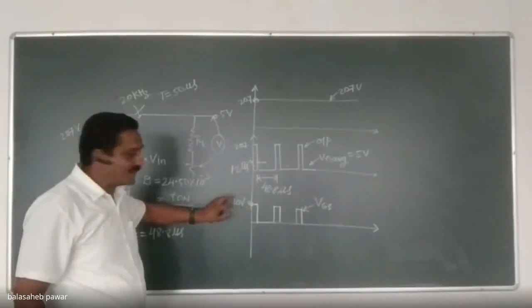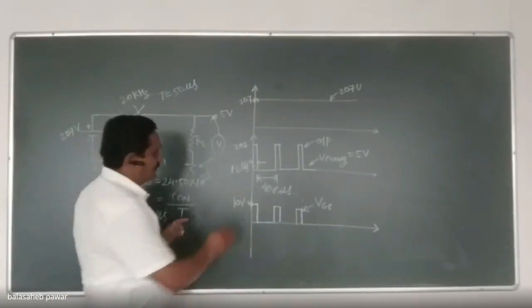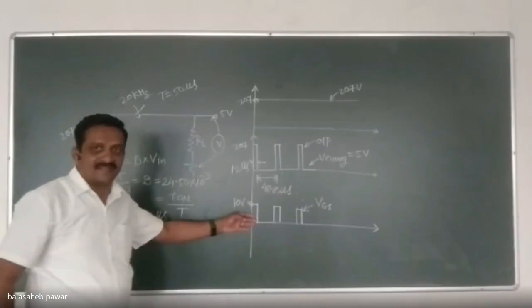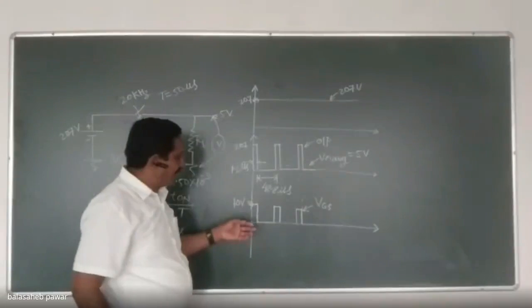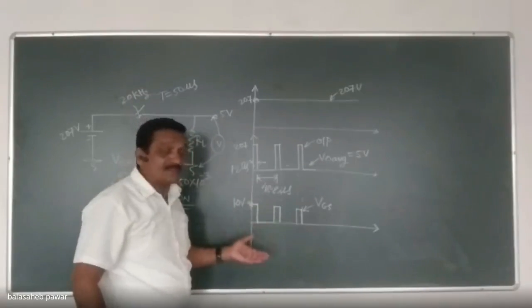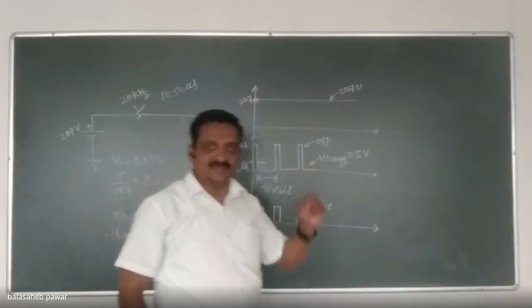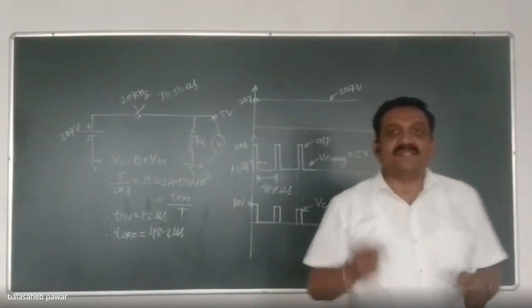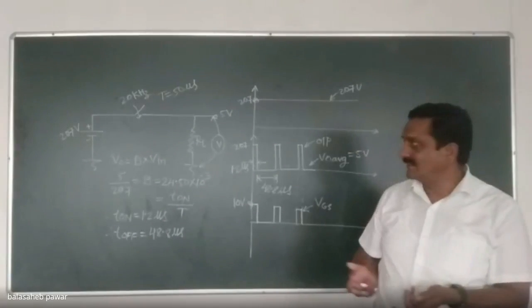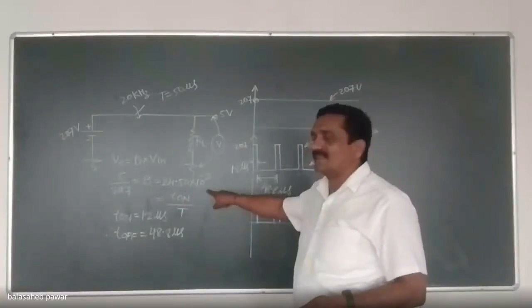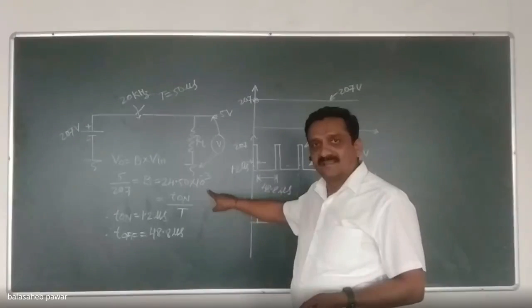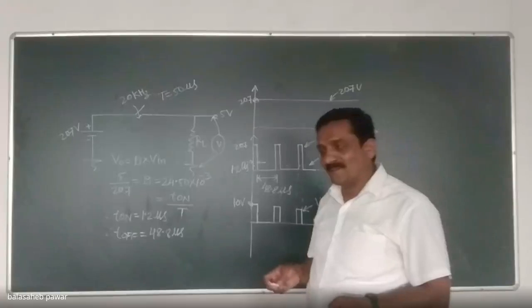Where we are applying it, now see, this part is a totally separate part. We will generate these pulses with how much frequency? 20 kilohertz, right? With how much duty cycle? That is 24.50 into 10 raised to minus 3. Are you getting it now? Yes, sir. So see, these gate pulses, where will we apply them?